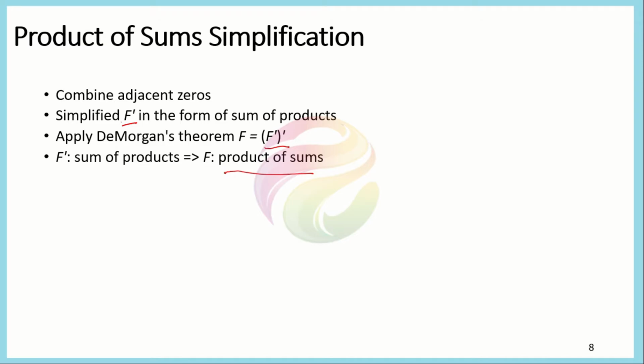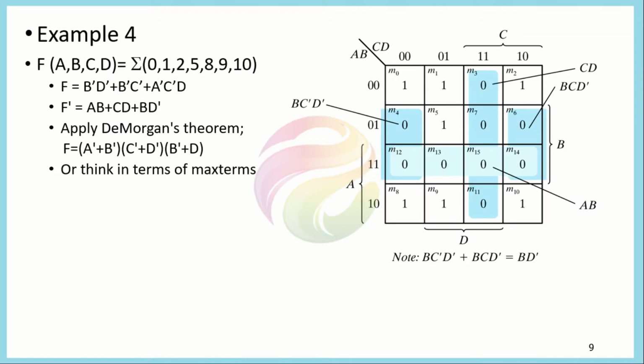We will discuss it through a small example. In this example, our function is represented as this one. In the first step, we place the 1s in all the values here. Now we first try to minimize this expression. We do it by combining the adjacent squares, and by combining them we reach this expression.